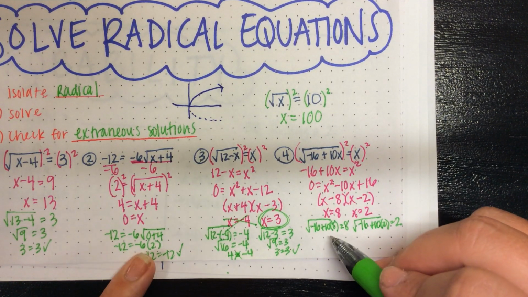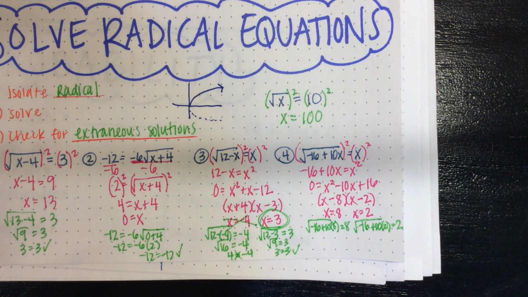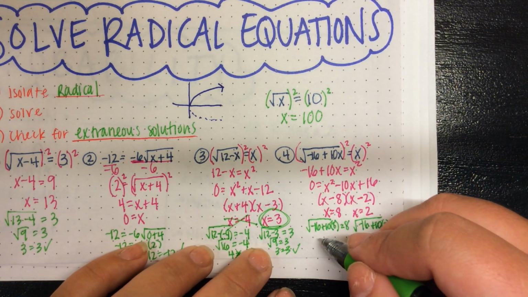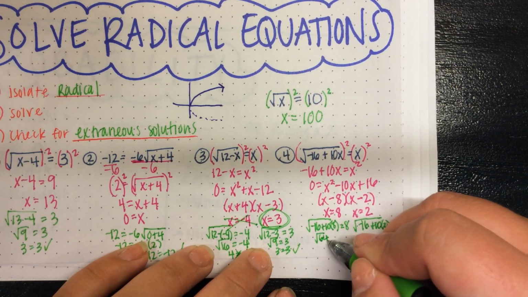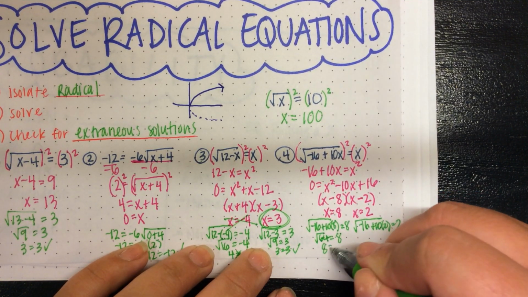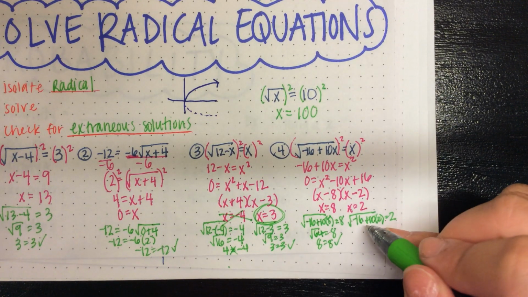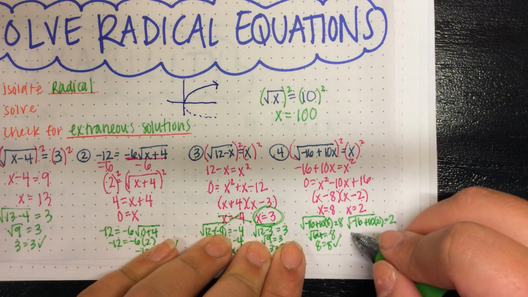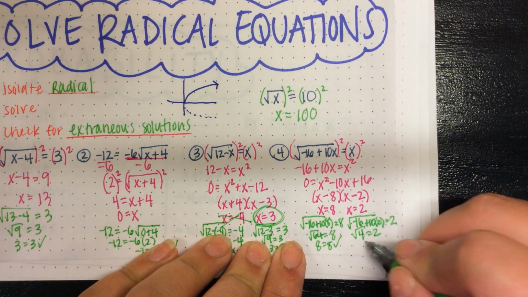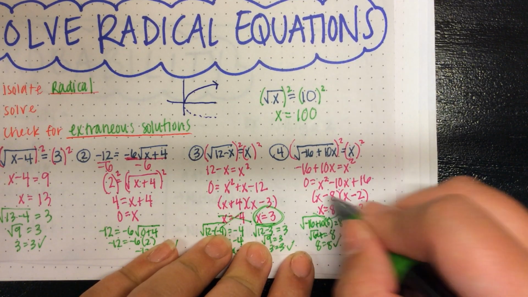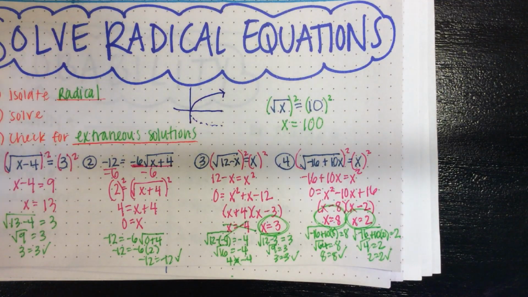Okay, 10 times 8 is 80. Negative 16 plus 80 is going to give me a positive 64. Square root of 64 is 8, so that one works. 10 times 2 is 20. Negative 16 plus 20 is 4. Square root of 4 is 2, so that one works. So in this case, both answers work.